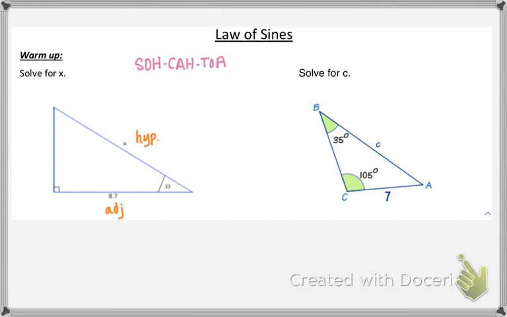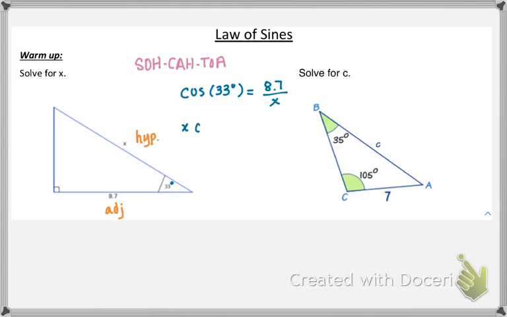So let's set up the problem as the cosine of 33 degrees, this is in degrees, is equal to adjacent, which is 8.7, over hypotenuse, which is x. Okay, and then to solve for x, we're going to multiply both sides by x to get rid of the fraction.